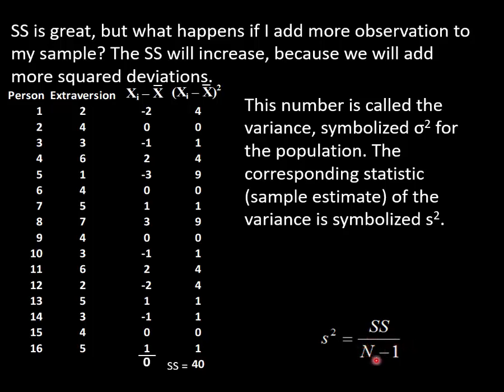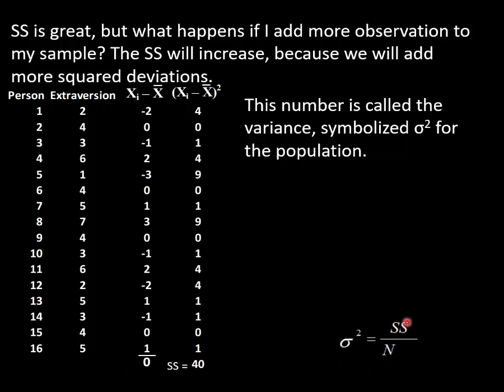You don't need to really worry about the reason. I'll tell you what the reason is, but you don't need to worry about it unless you're pursuing statistics as a profession. The reason is that this calculation, when done on sample data, tends to underestimate this statistic done on population data.